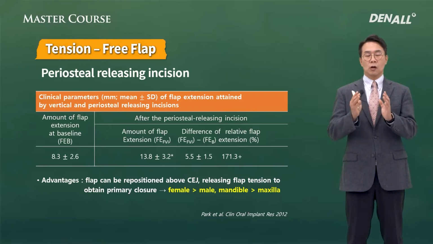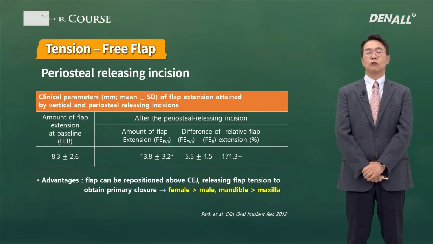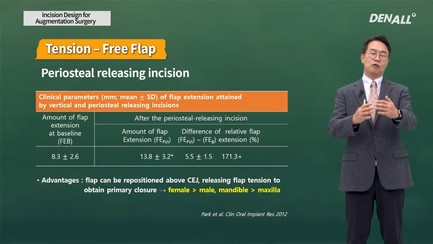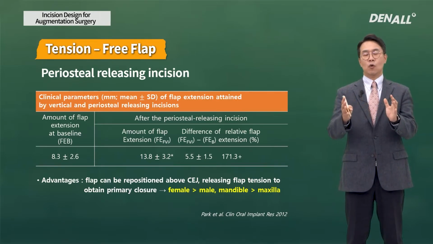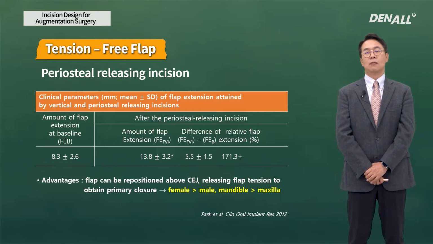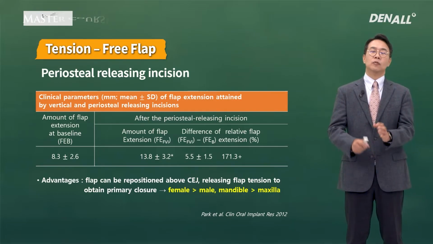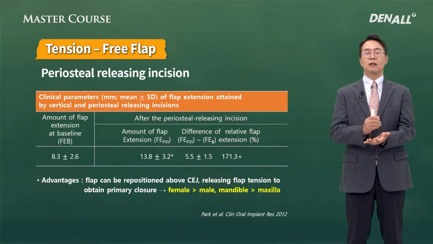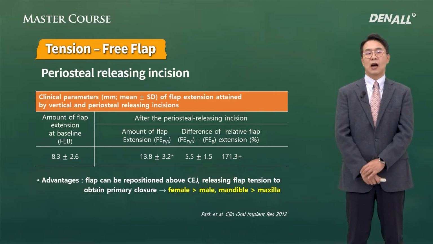So with the periosteal releasing incision, can extend the flap up to 70%, which is a very good option to increase the volume during surgery and to achieve a primary closure. Females showed more extension than males, and mandible showed more extension than maxilla.